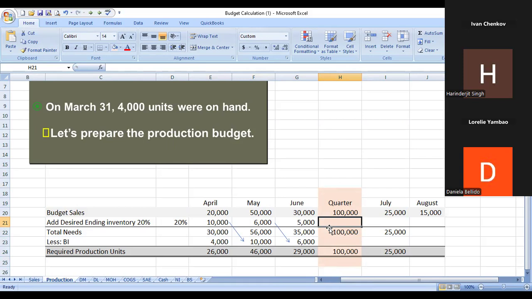On which month the quarter ends? Month June, right? What's the ending balance of the month of June? $5,000. So the ending balance of the last month of the quarter is the ending balance for the quarter. Make sense?